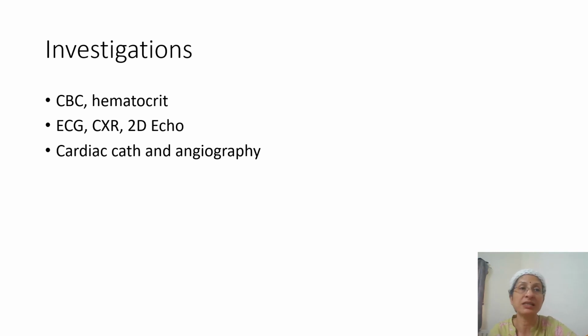If we are suspecting, say, infective endocarditis, then you may have to go for blood culture, CRP, and look for various foci of bacteremia such as dental caries, and so on and so forth. In addition to this, you must do ECG, X-ray, 2D echo, which is a very basic workup for every child with a heart disease. And when you're planning surgery, you may have to go for cardiac cath, angiography, MR angio, and such investigations.